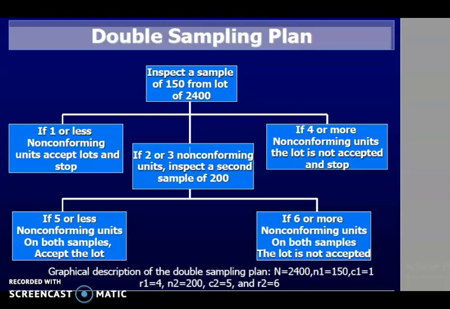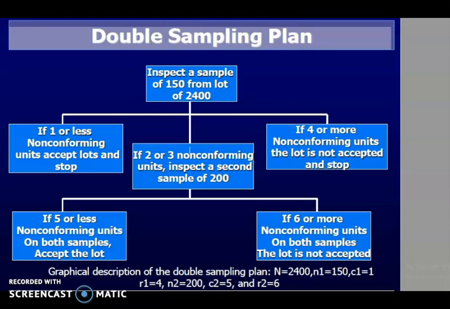We inspect it. If the number of defective components is less than 1, then we directly accept that lot. And if it is 4 or more than 4, then those are non-conforming units, so we reject that lot directly. Next, if defective components are 2 or 3, then we take another sample of 200 components.